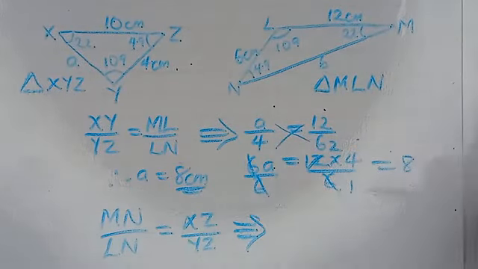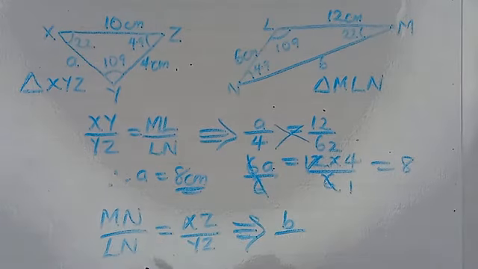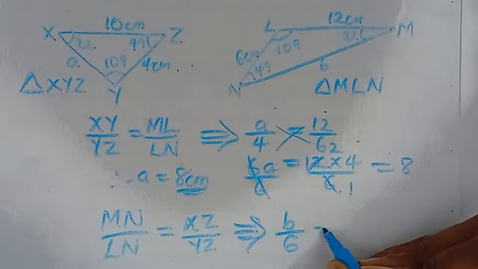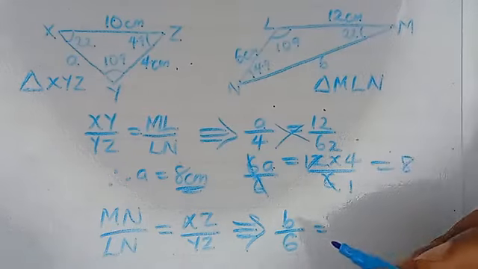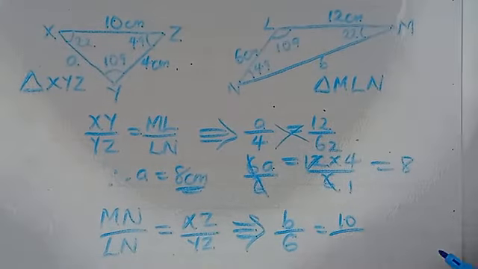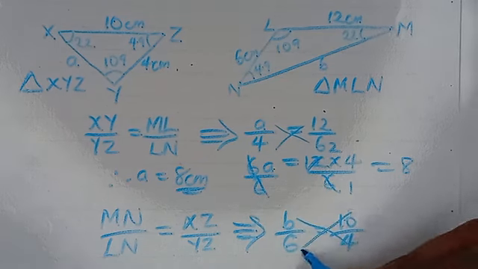So we have side MN, which is B, over LN, which is 6, is equal to side XZ, which is 10, over YZ, which is 4. We cross multiply.